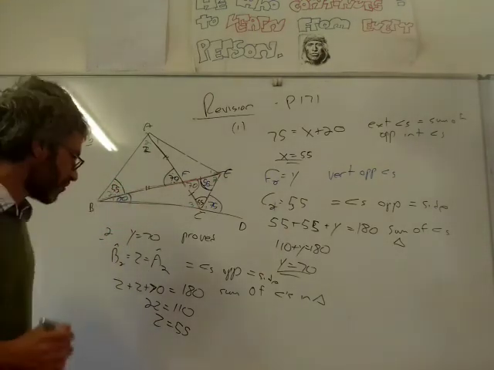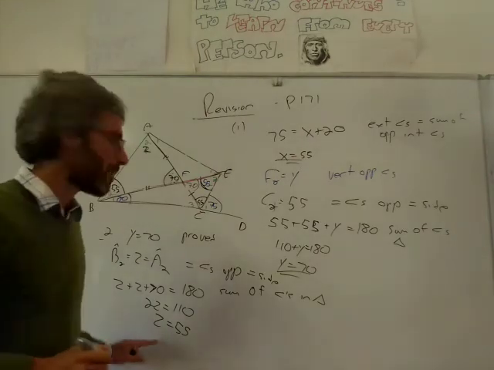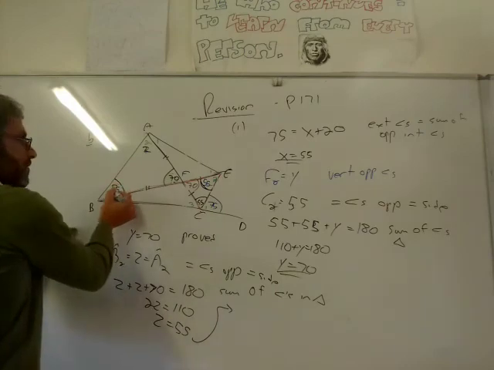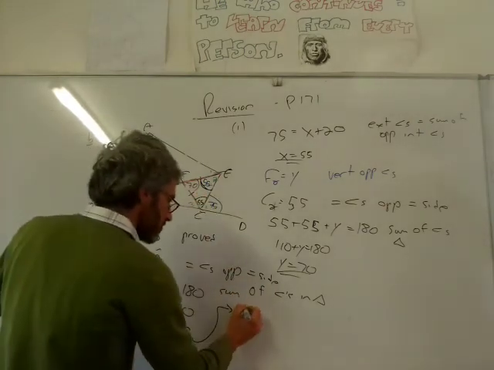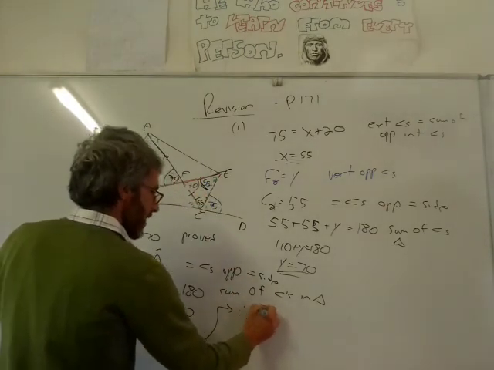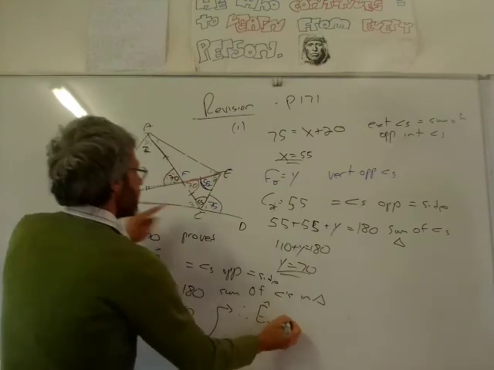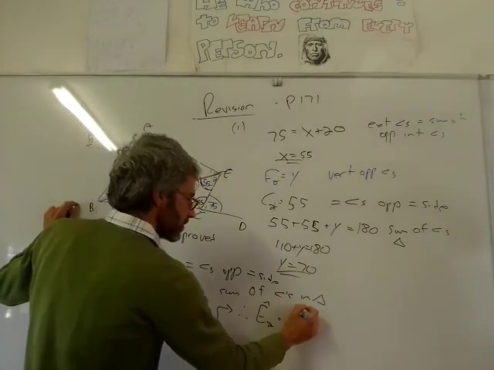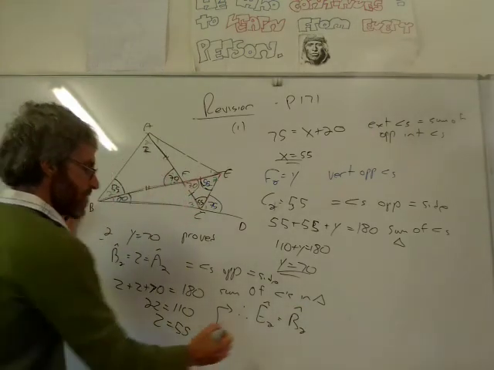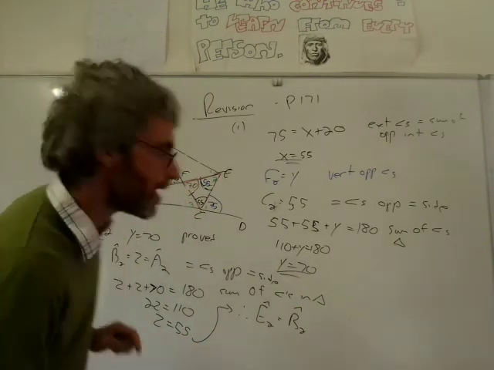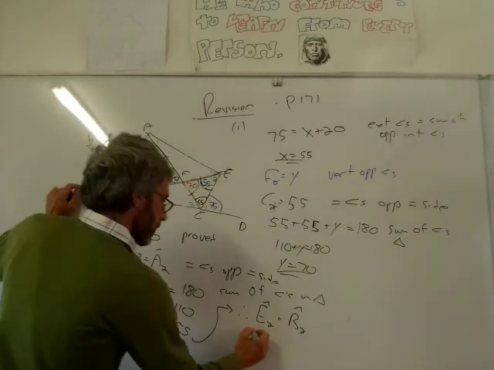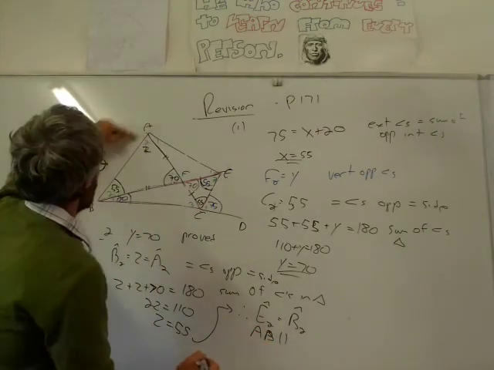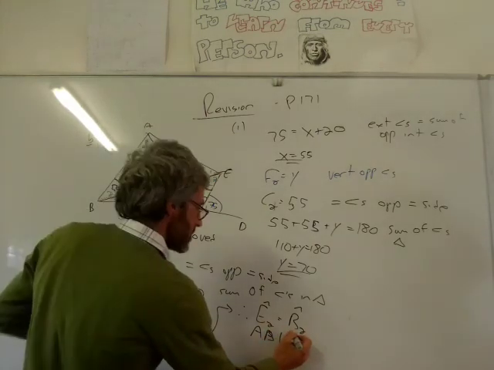So how do I know from there that these lines are parallel? I'm going to write it down here. If this is 55 and this is 55, what we've proven is, therefore, angle E2 is equal to angle B2. And therefore I can say AB is parallel to EC.